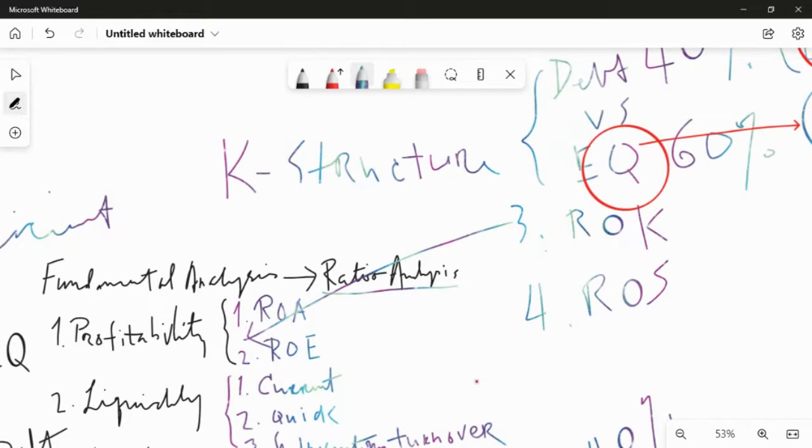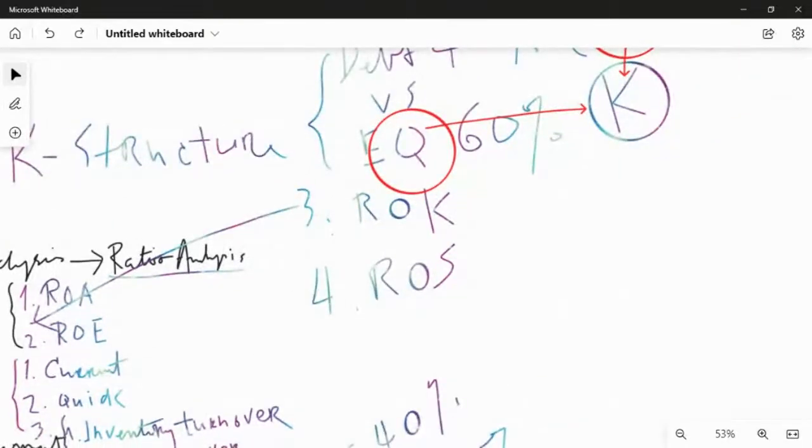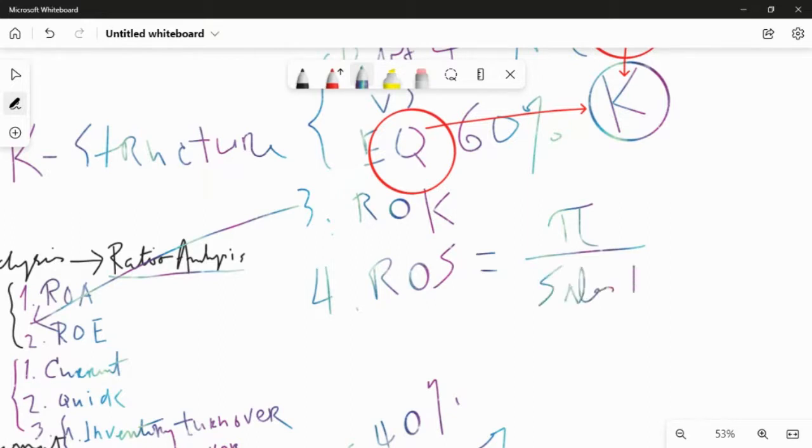Profit over sales revenue gives you a rough measure of profit margin. It's profit over sales revenue.